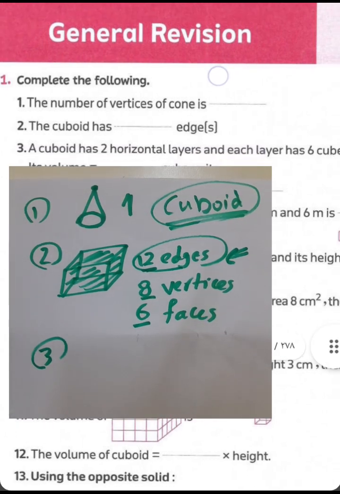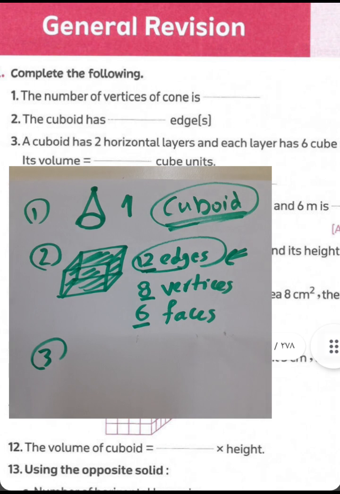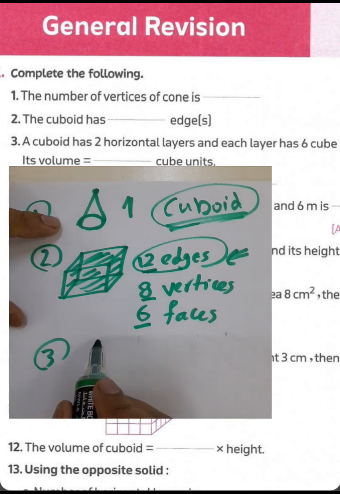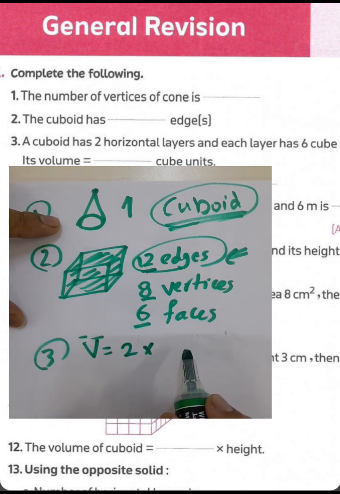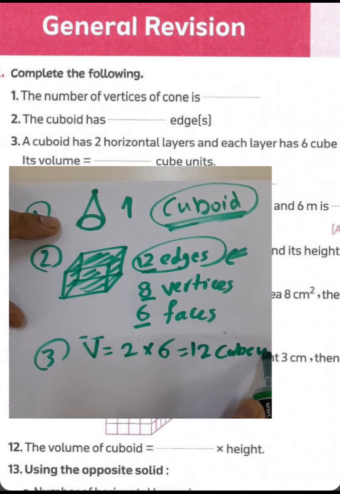Question number 3. A cuboid has 2 horizontal layers and each layer has 6 cubes. Then its volume equals the product of 2 and 6. 2 times 6 equals 12. Then the result will be 12 cube units. What about this word, horizontal layer?